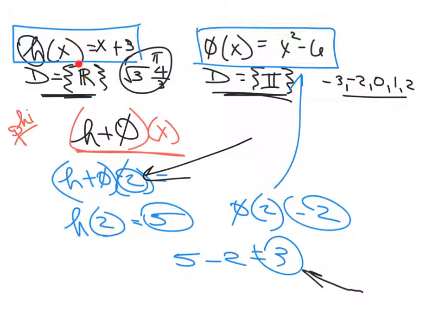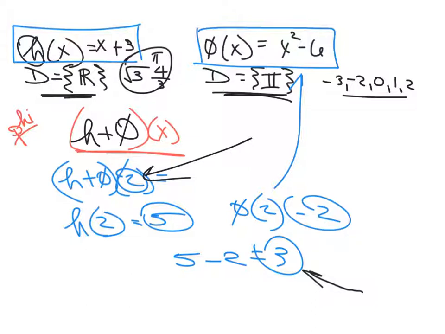Because remember, 1/2 fits into this set, but 1/2 does not fit into this. It has to fit into both sets in order for you to be able to use it. So if I put a 1/2 in here, h of 1/2, I'd look here and go, yeah, it works here, but no, 1/2 isn't an integer, so I can't do it. So the answer again is the null set.